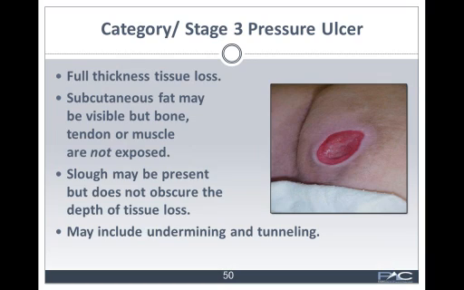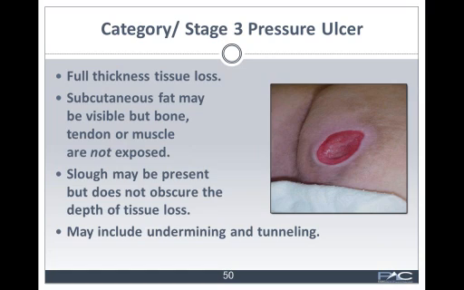I've seen some inaccurate coding because somebody viewed slough as subcutaneous fat tissue, and there are certainly some similarities. When you're assessing, you need to differentiate between the two and ensure that it's truly subcutaneous fat that you're looking at versus slough. For a stage 3, slough may be present, but it does not obscure the depth of the tissue loss.